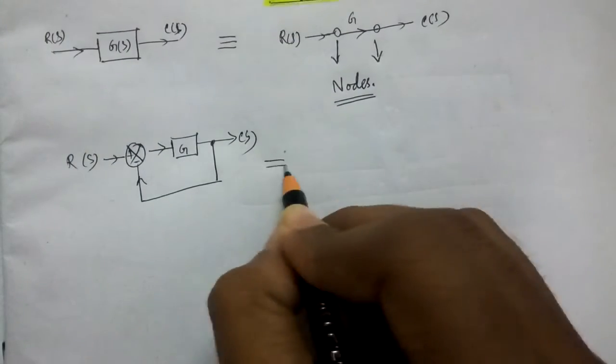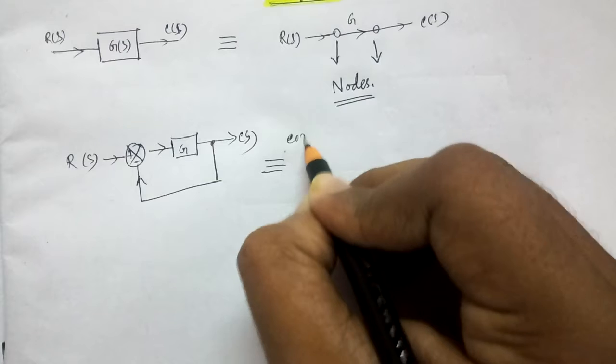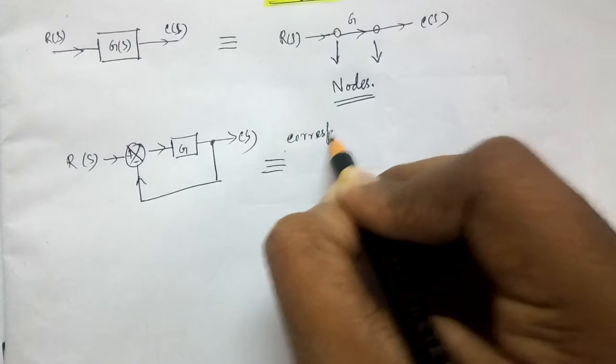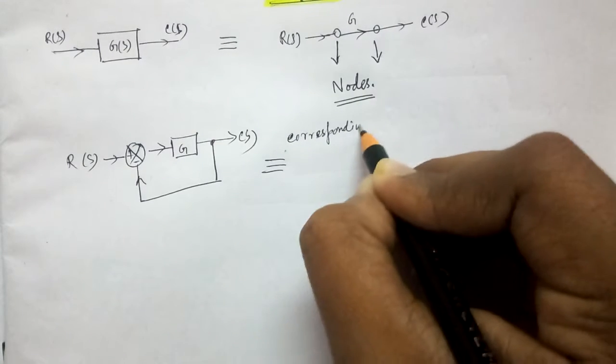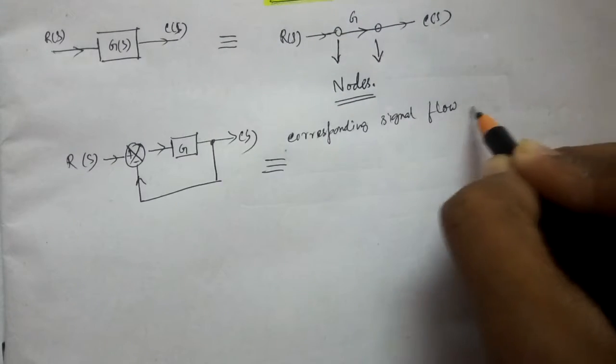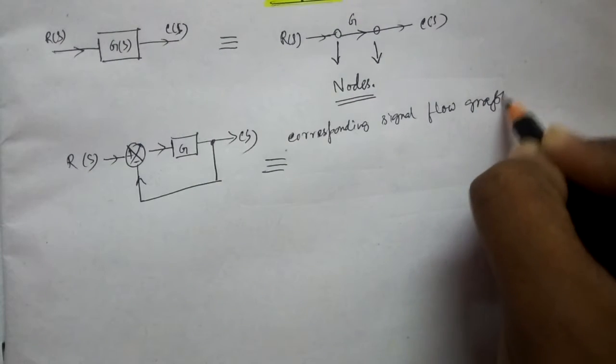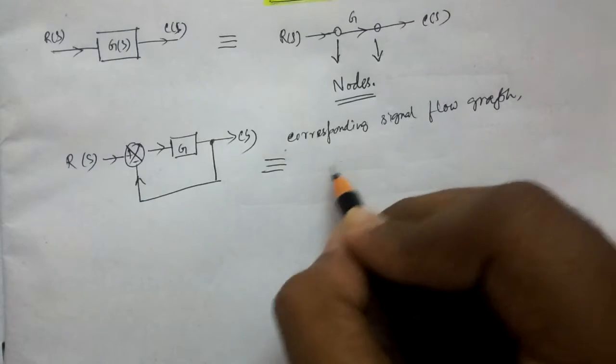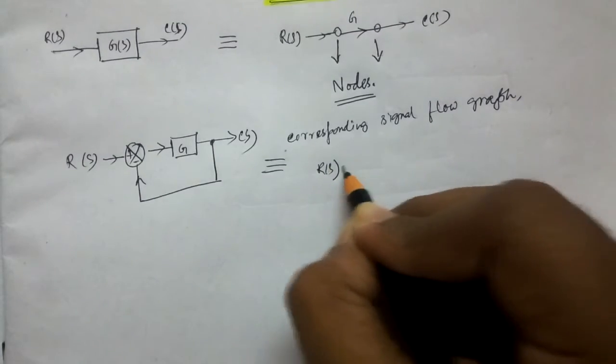Its corresponding signal flow graph will be as below, and that will be R(s).